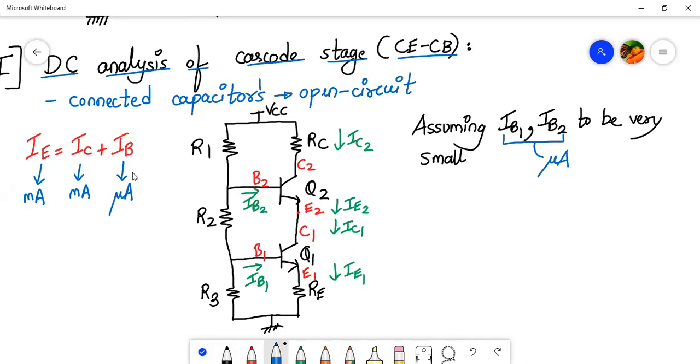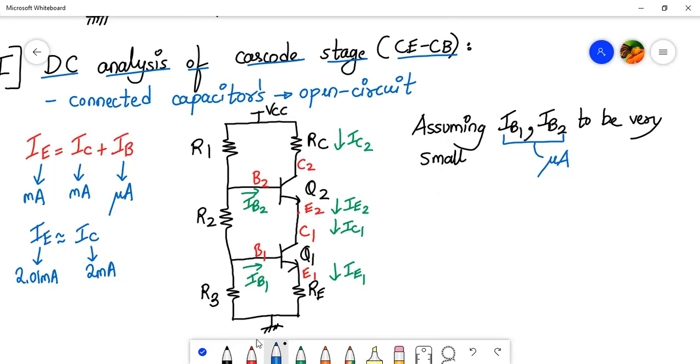Which is 1,000 times smaller, between milli and micro. So that's why normally we can assume that your IE is approximately equal to IC, right? Why approximately? Because if IE is 2.01 milliamperes, your IC value will be pretty close. Let's say it is 2 milliamperes. That's why the emitter current and collector current are almost the same.